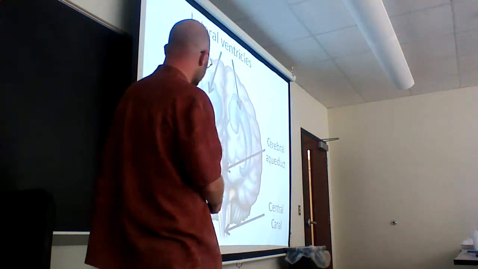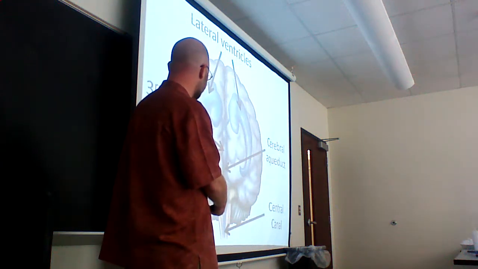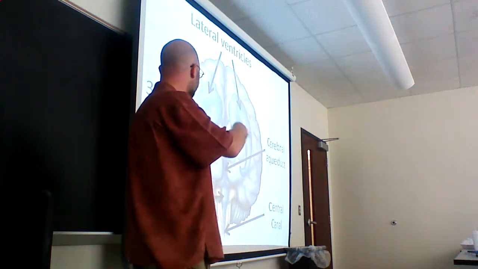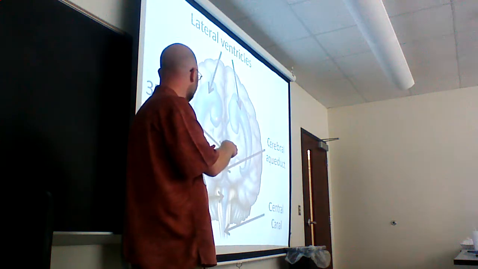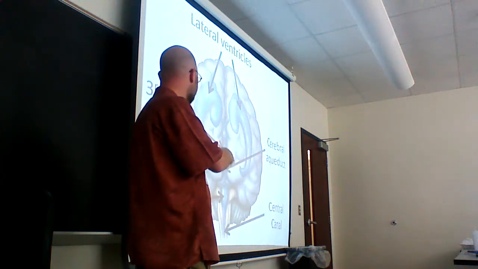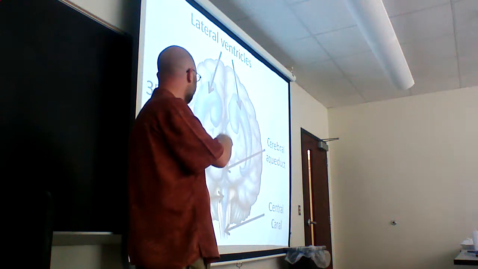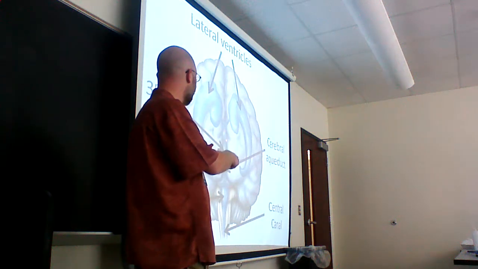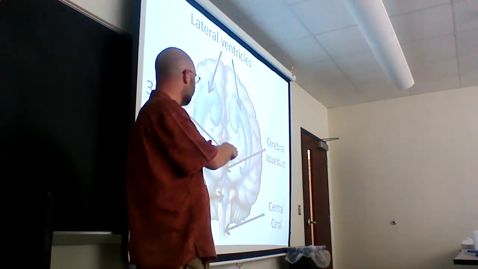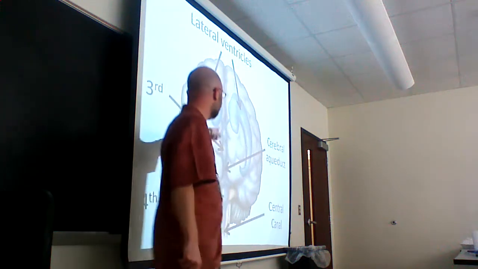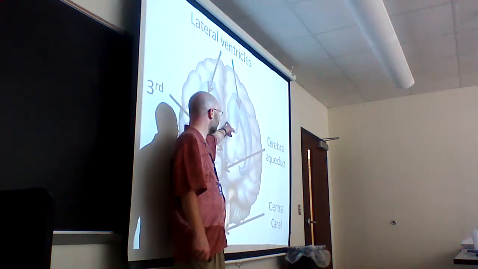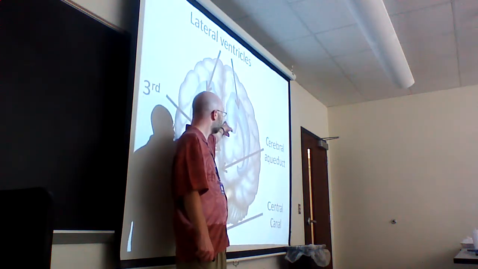So this is the brain, cerebellum back here, so this is posterior. This is anterior. You've got these great big horns. These are your lateral ventricles. They connect to this region here, the third ventricle, via this little tube called the interventricular foramen.